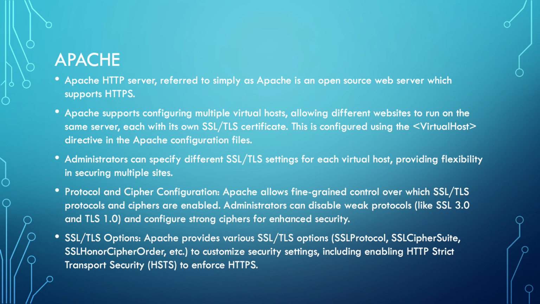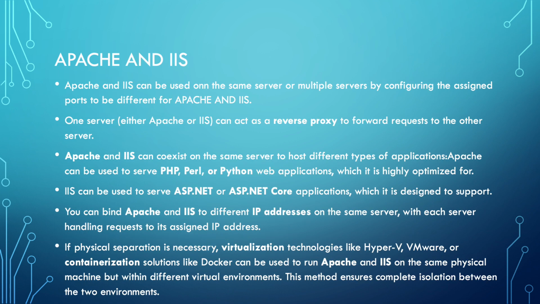Now, you have the SSL and TLS options, and you can use a variety of those, such as SSLProtocol, SSLCipherSuite, SSLHonorCipherOrder, and customize those security settings, enabling HTTP Strict Transport Security or HSTS to enforce the HTTPS security protocol.